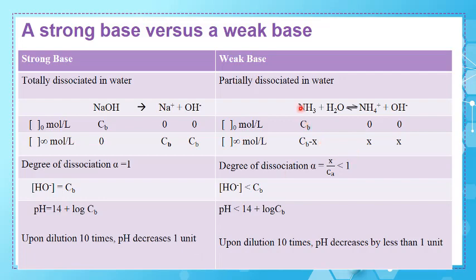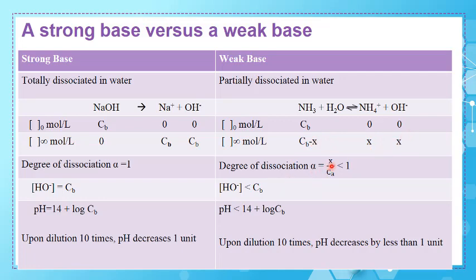Now, what about a weak base? This is a weak base, for example. You're not responsible for this here, but we have to give you an idea to understand exactly what the difference is. Why are we talking actually about strong bases? This is a weak base. It doesn't have a complete dissociation, so it is an equilibrium state here. And this is the concentration of the species at equilibrium.